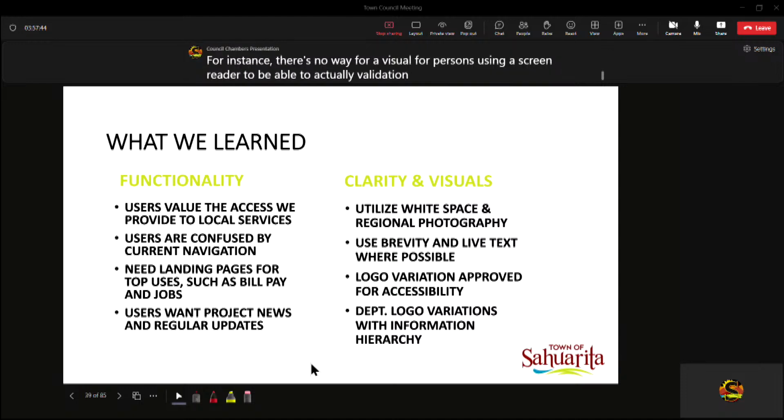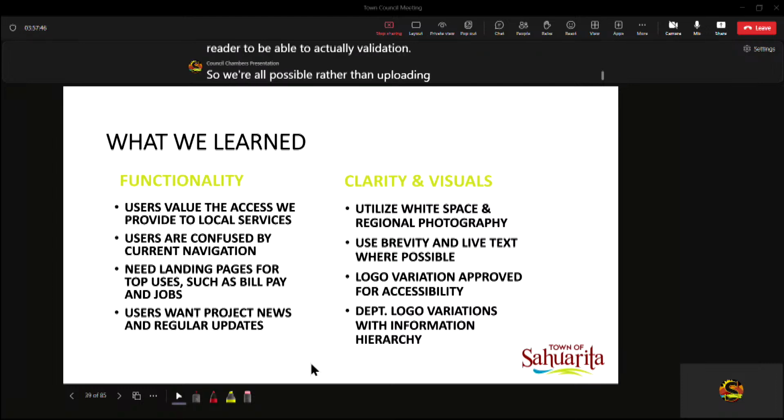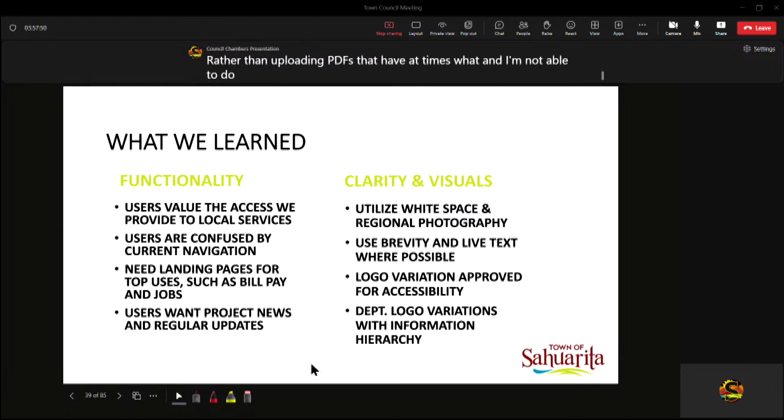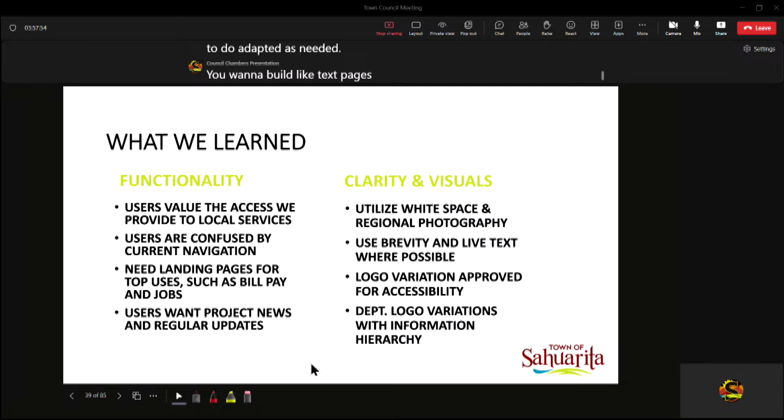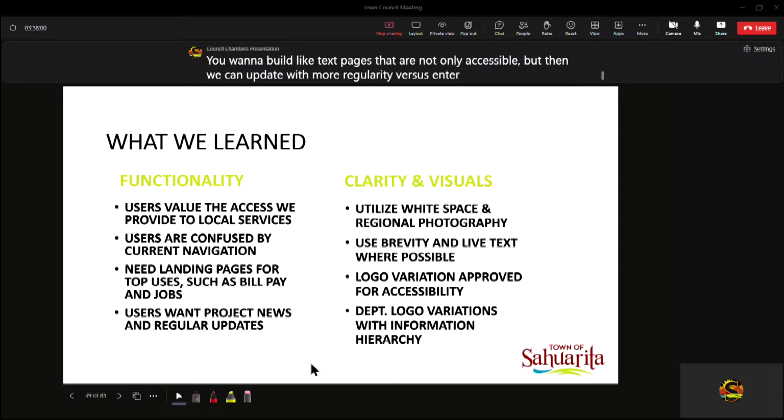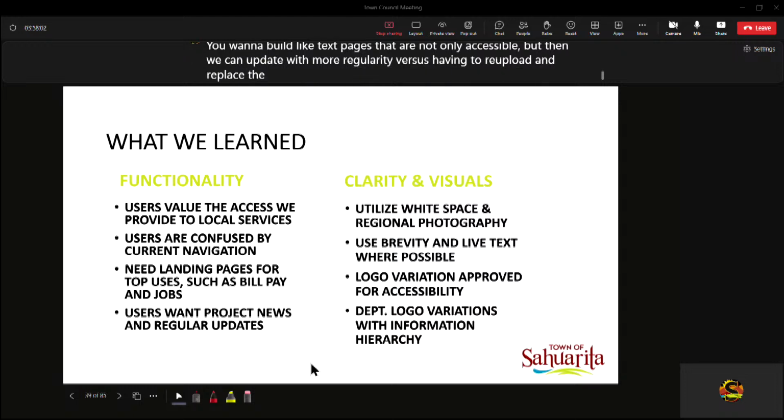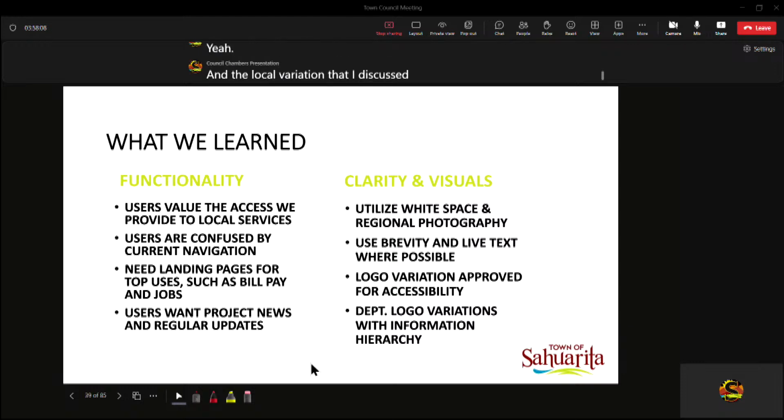So where possible, rather than uploading PDFs that have a timestamp and are not able to be adapted as needed, we want to build live text pages that are not only accessible, but that we can also update with more regularity, versus having to re-upload and replace the time-stamped PDF.